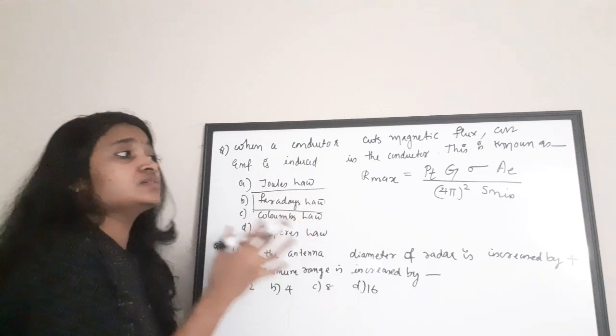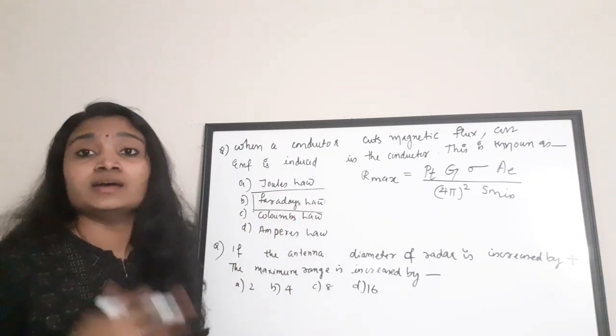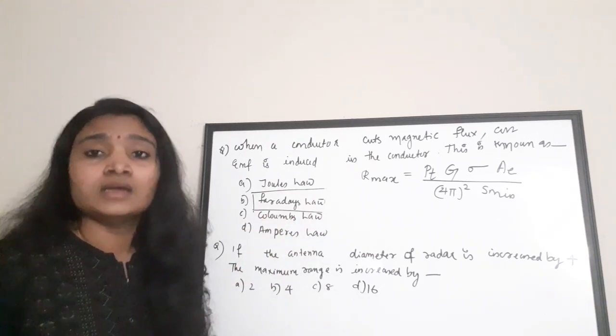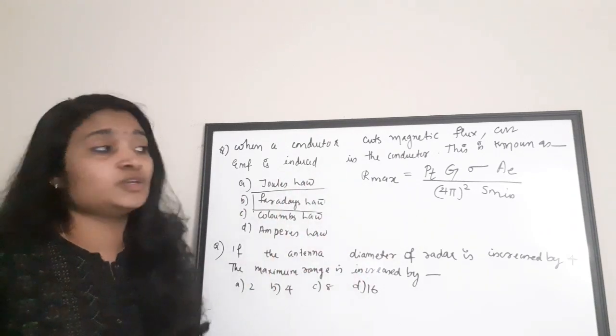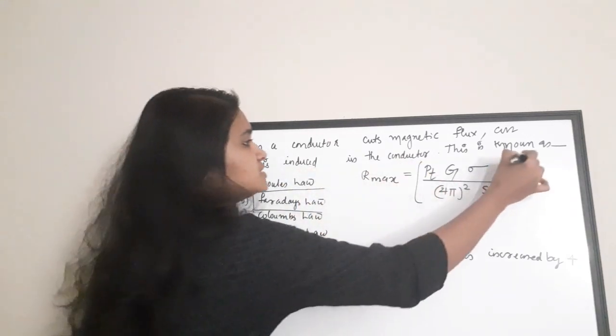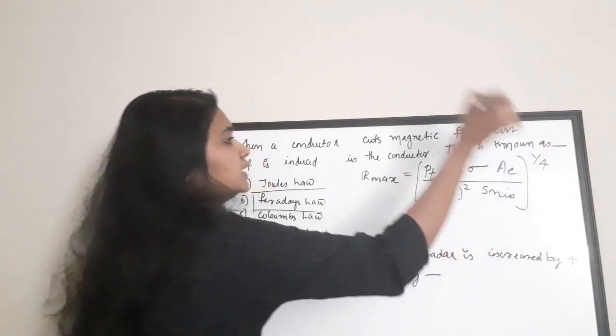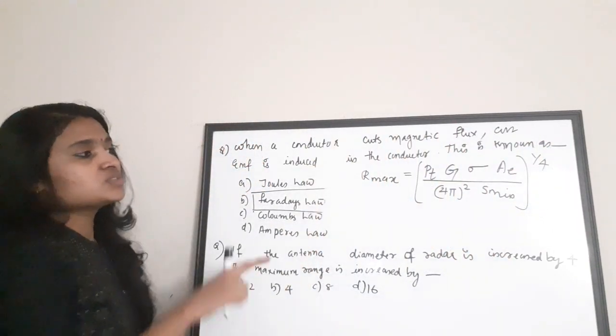All these terms I have explained in my earlier video on radar. If you want to know what this equation is and what the terms are, please do watch that video. And the whole thing is raised to 1 by 4. So this is the equation.